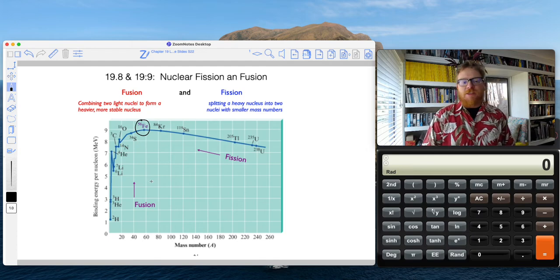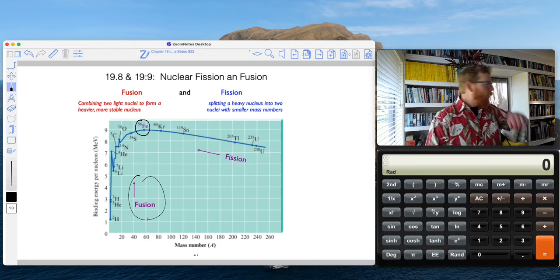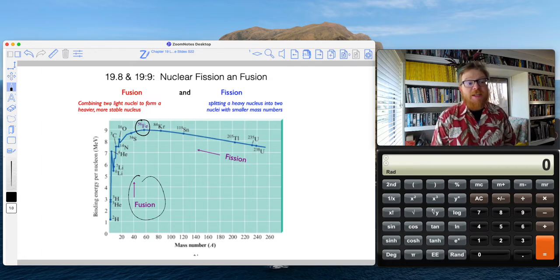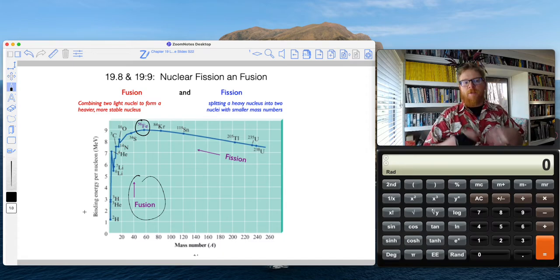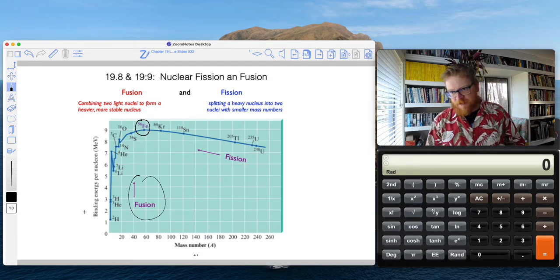Because of that, everything lighter than iron-56 will undergo fusion, the combining of two light nuclei to form a heavier, more stable nucleus. If you recall that binding energy calculation we did, when we force two light nuclei together to form a heavier, more stable nucleus, we get a ton of energy out of that situation.